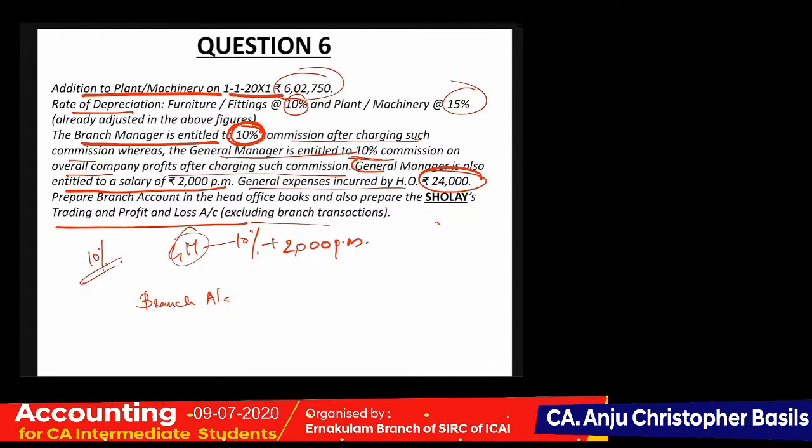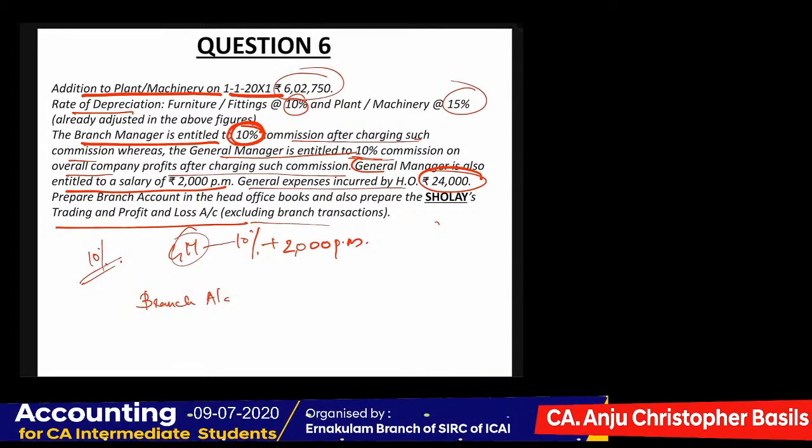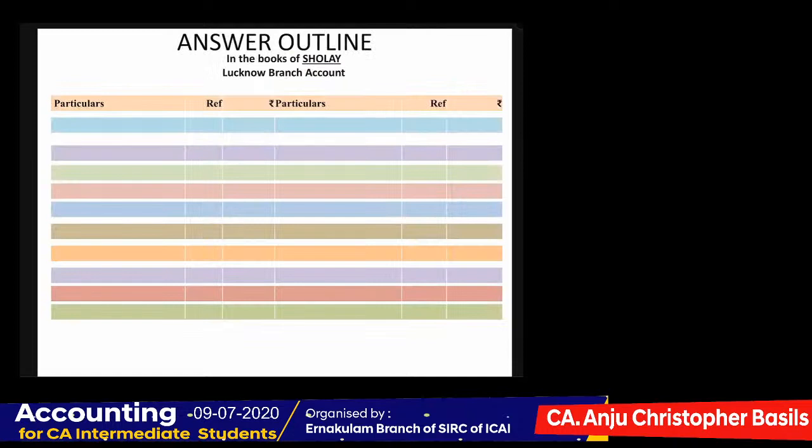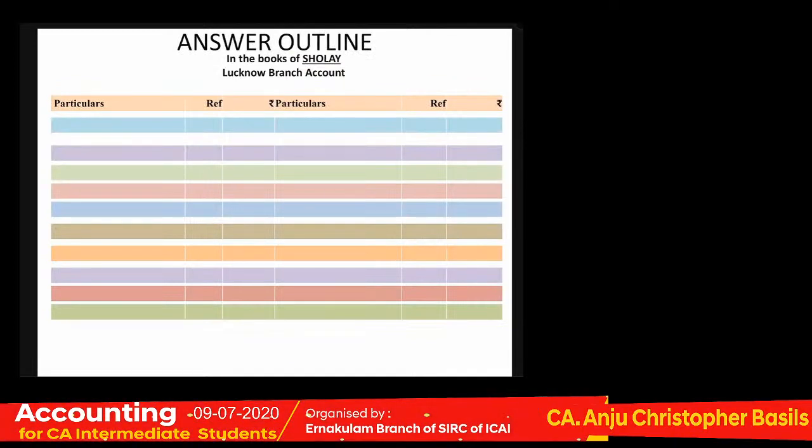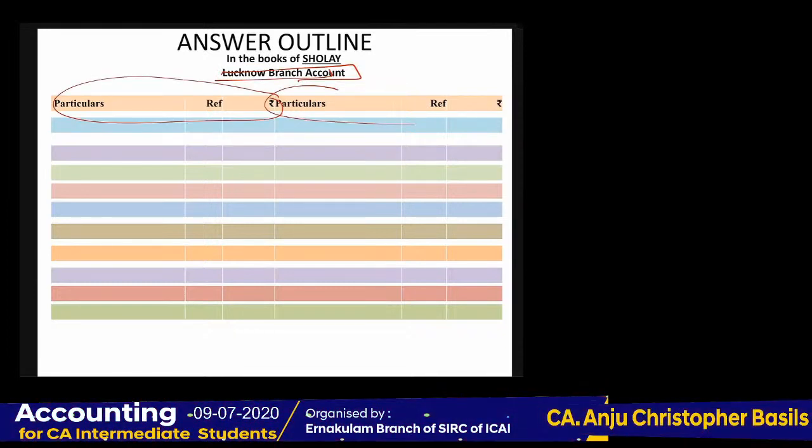So as always, first and foremost we'll draw the answer outline, and once we are done with the answer outline, we'll check how to work out the problem. All right. So students, kindly take this down, the answer outline. First one is the Lucknow branch account. Nothing much, the particulars, reference and amount, and both the sides. That is it. Everybody, kindly take this down. The Lucknow branch account.